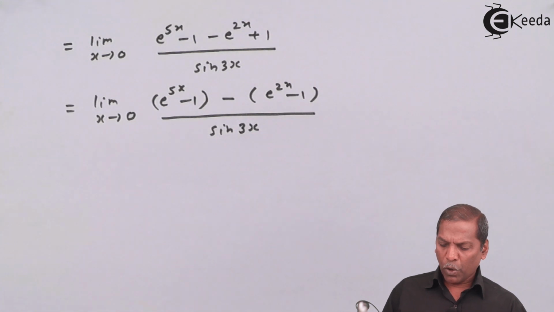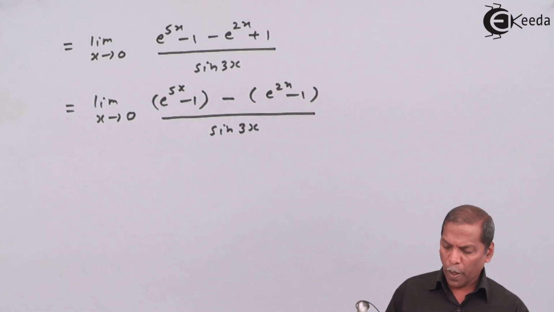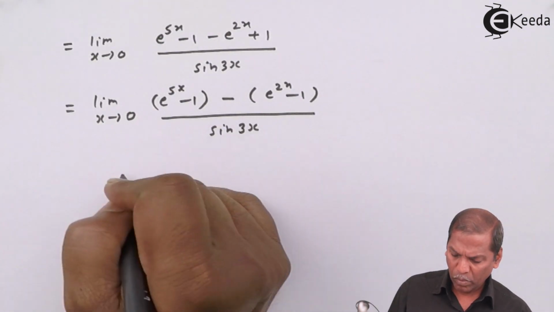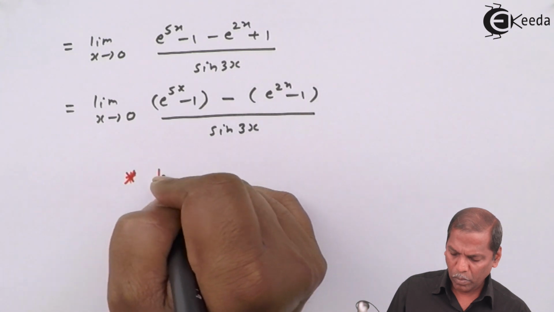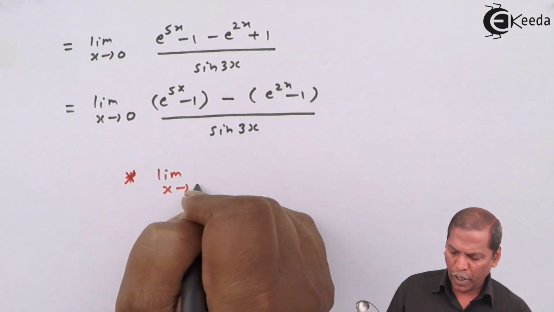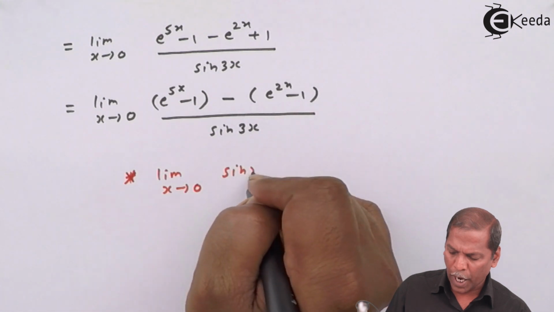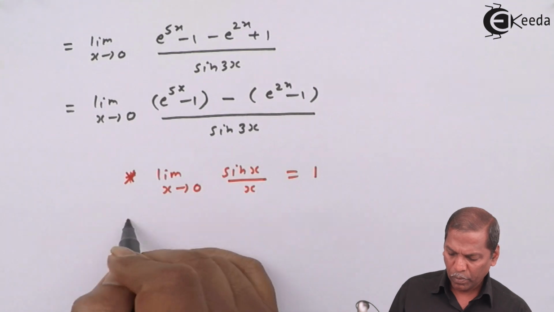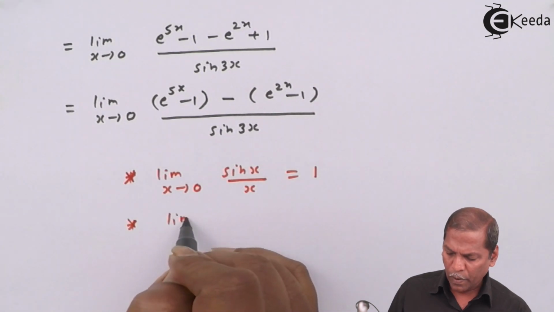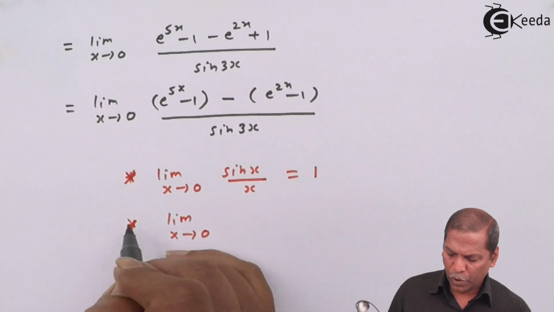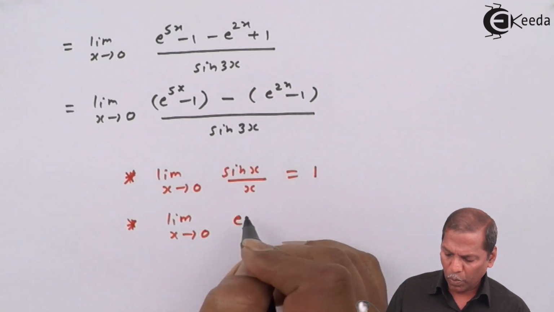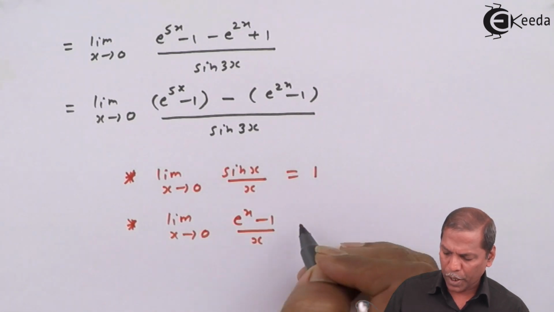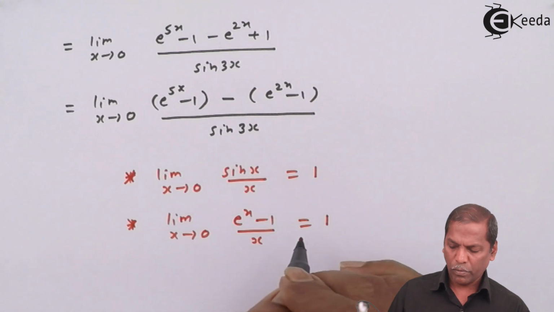Now here we need the rules, that is, limit x tends to 0 of sin x upon x gives 1, and secondly, limit x tends to 0 of (e^x minus 1) upon x equals 1.